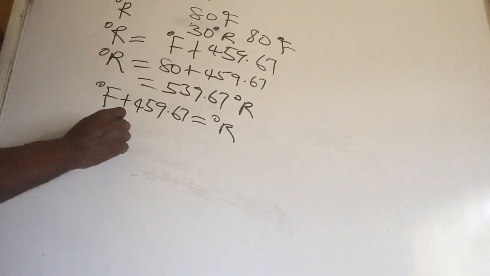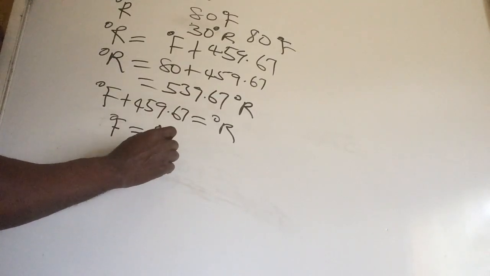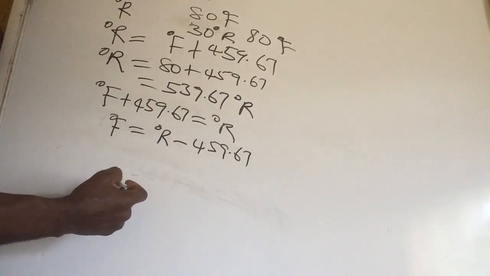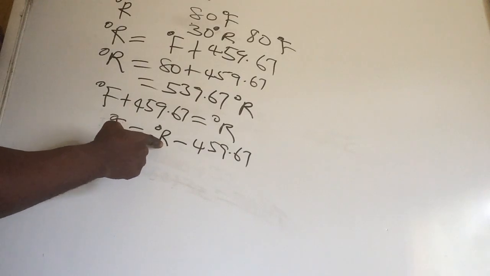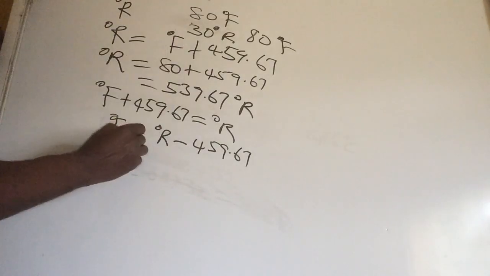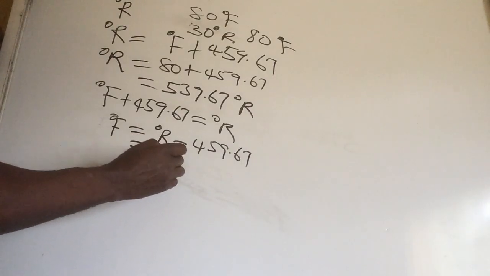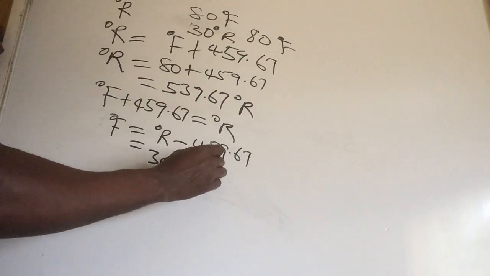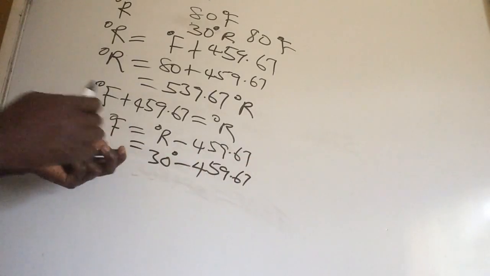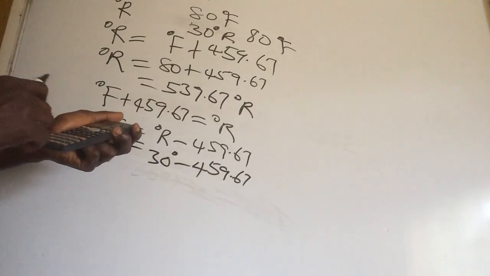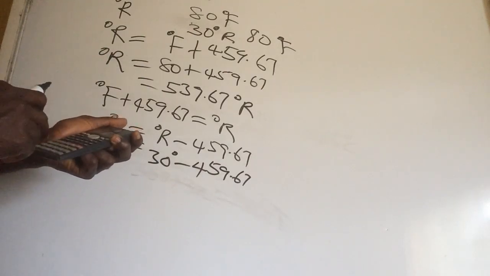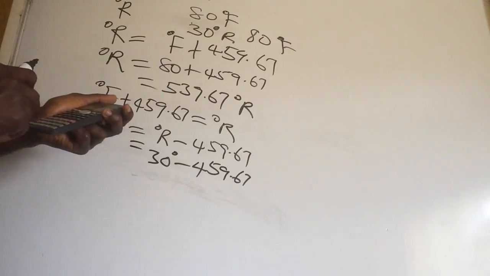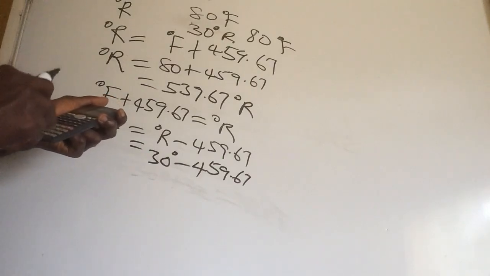So we now have degree Fahrenheit equals degree Rankine minus 459.67. Now our Rankine is 30, so 30 minus 459.67.